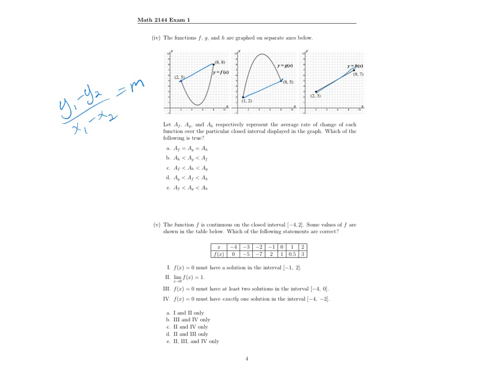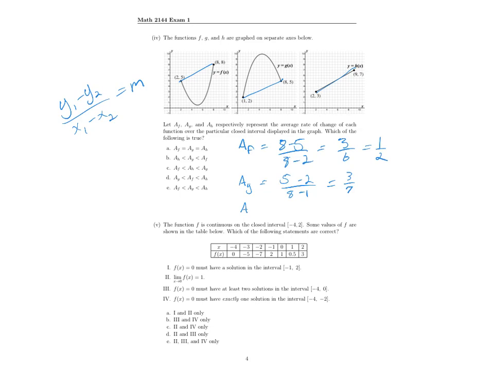So for us, our AF for our first graph is going to become 8 minus 5 over 8 minus 2, which when we reduce becomes 3 over 6, which is 1/2. Similarly, our AG will equal 5 minus 2 over 8 minus 1, which equals 3/7.